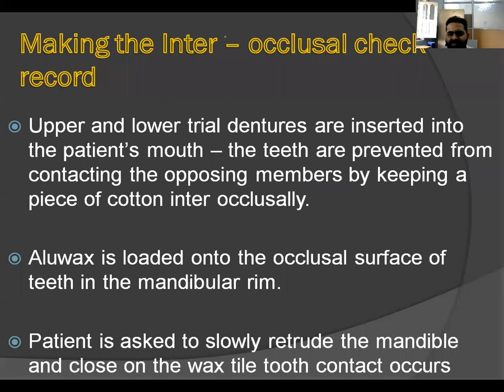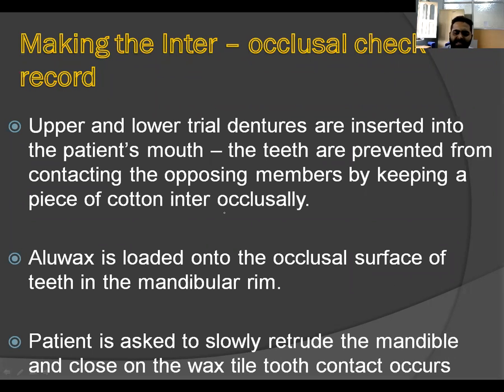Now, how to make the interocclusal record or the interocclusal check record? After inserting the upper and lower maxillary and mandibular wax rims, we ask the patient to close the mandible while we place cotton in between your upper and lower bite rims. The same thing is replaced with the help of your occlusal wax, that is, wax can be used to record the occlusal surface of the teeth in the mandibular rim.